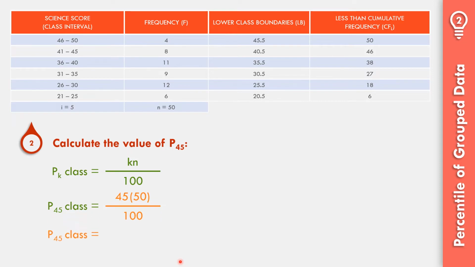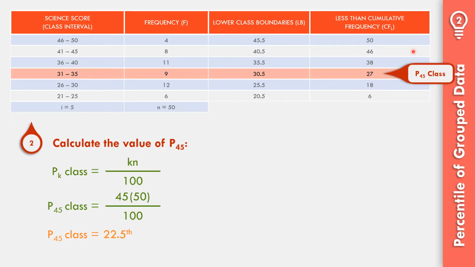So 45 times 50 is 2,250 divided by 100. The answer is equal to 22.5. So 22.5 is between 18 and 27. So we will choose the highest, that is 27. So the p sub 45 class is between the interval 31 to 35.